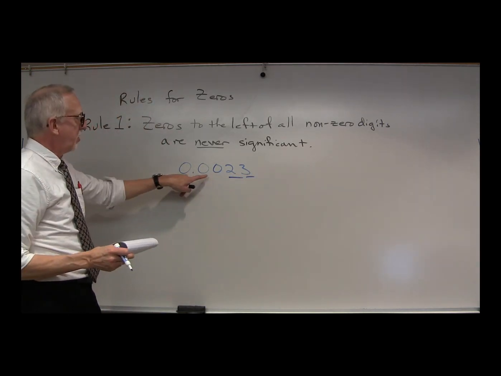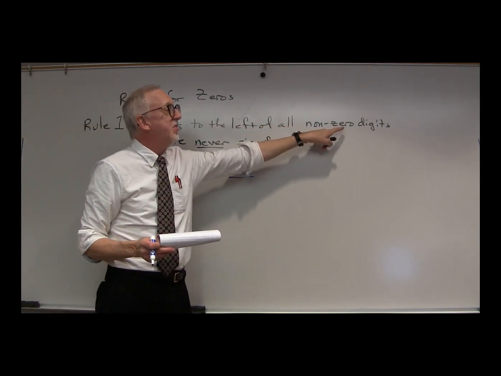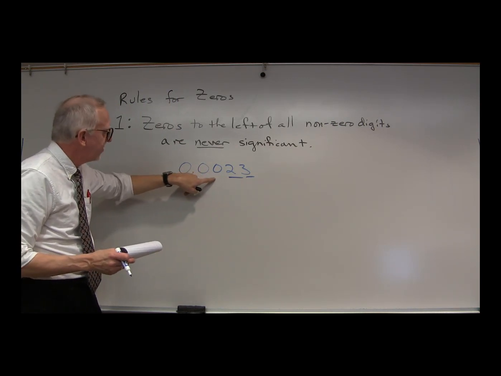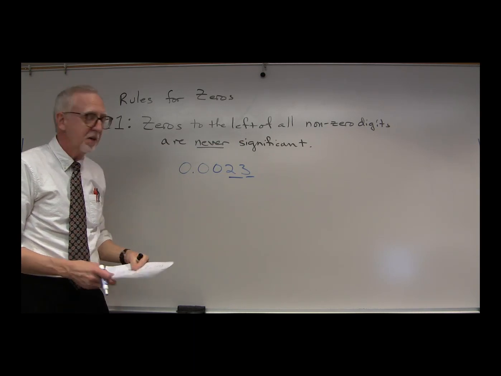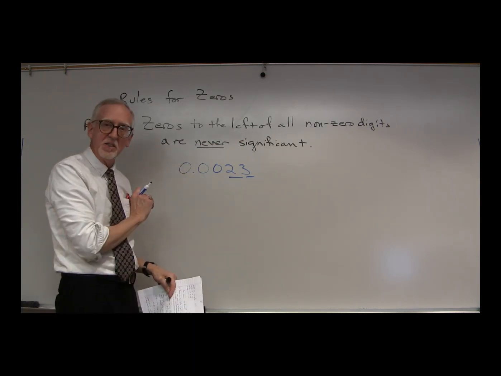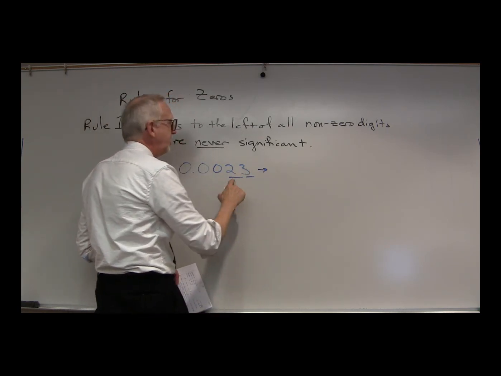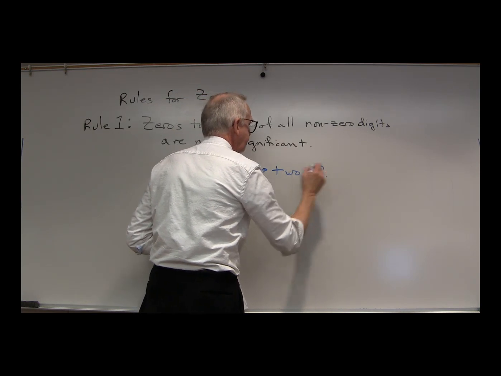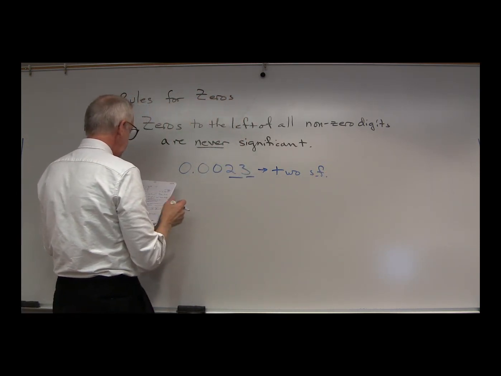But these zeros are to the left of all of the non-zero digits. See, here are the non-zero digits. These are to the left of those. They are not significant. So how many sig figs does this quantity, 0.0023, have? It would have just 2 significant figures.